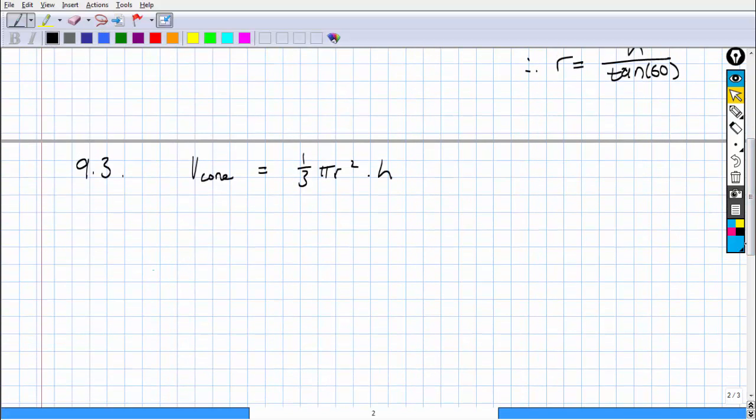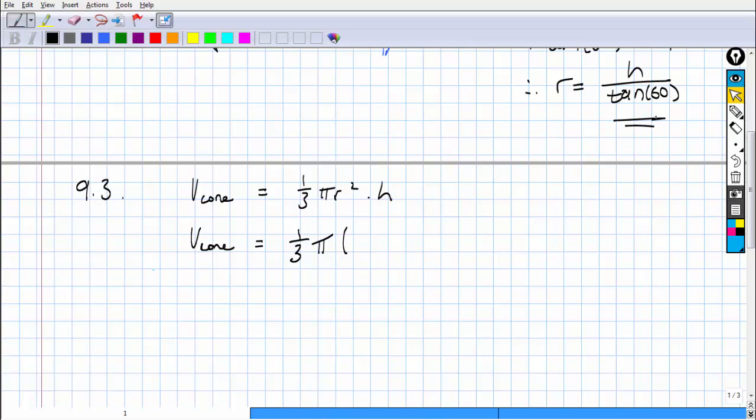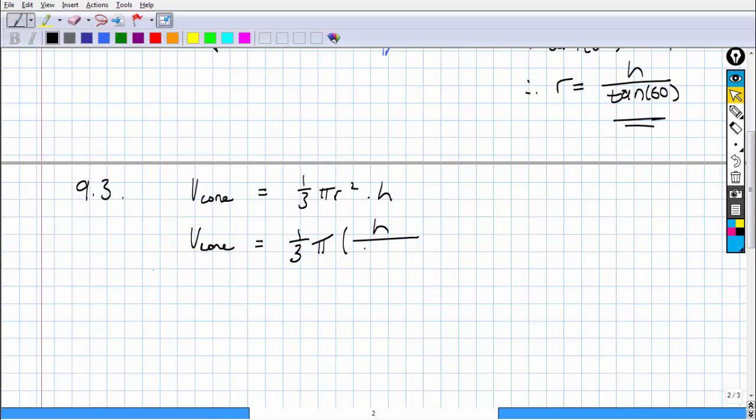So we want to find the derivative of the cone with respect to h, but in order to do that, we need to get this whole thing with respect to h. And the good thing is, we have r in terms of h. Pi r, which is up here, we see it's h divided by tan of 60, and square that times h.